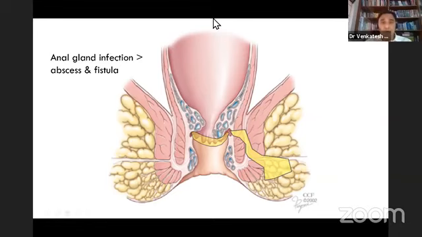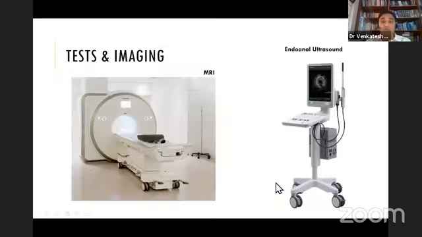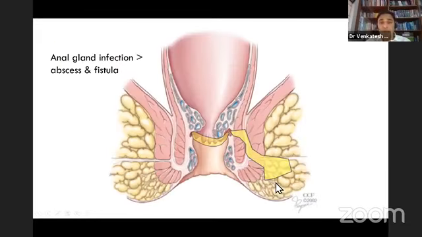So the problem now is that the abscess bursts between the muscles or through the muscles. If the infection is in the tissues and doesn't burst out through the skin, then it's called a perianal abscess.